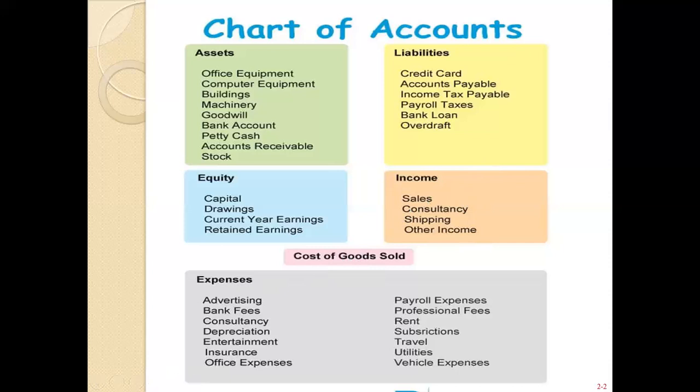Now your company, your business needs to define the number of expenses that normally are used throughout the year, and maybe more than one year. The names of these expenses, normally at a routine level in your business, are advertising expense, bank charges, bank fee, consultancy, depreciation, entertainment, insurance, office expense, rent, traveling, utilities, vehicle expenses, professional fee, payroll expenses. That's a number of expenses that a company bears to earn the revenue.